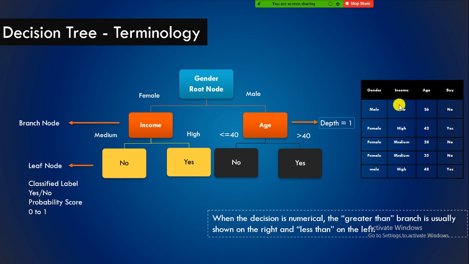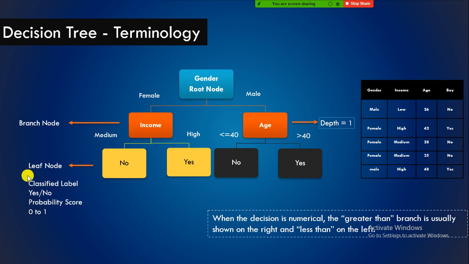In this case, it is a categorical variable. Let's see if the income is a quantitative variable. In that case, anything greater than will be branched out on the right side. When the decision is numerical, the greater than branches usually show on the right and less than on the left. Okay, just keep that in mind.